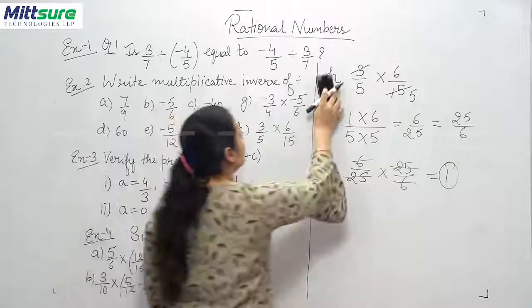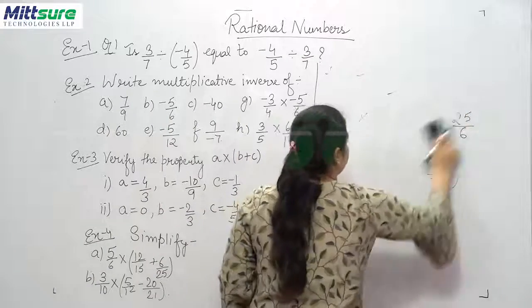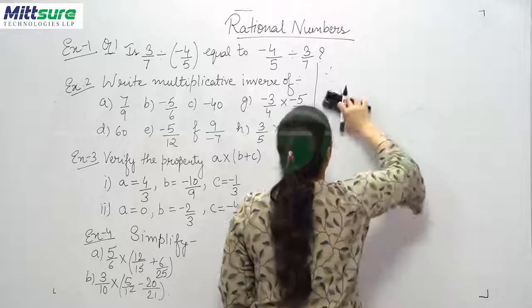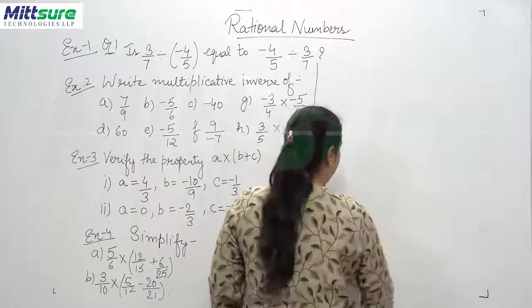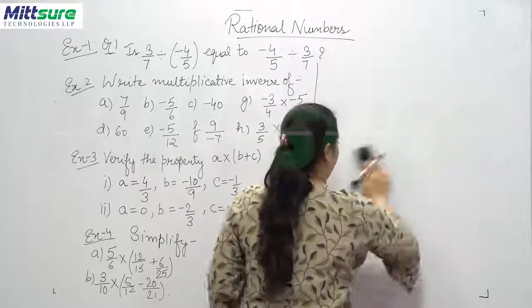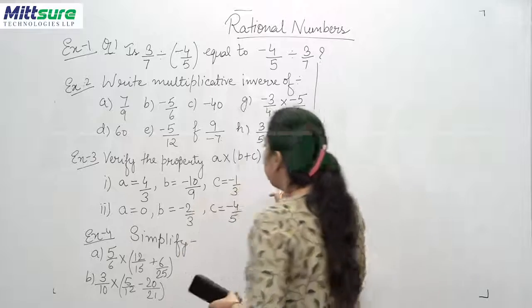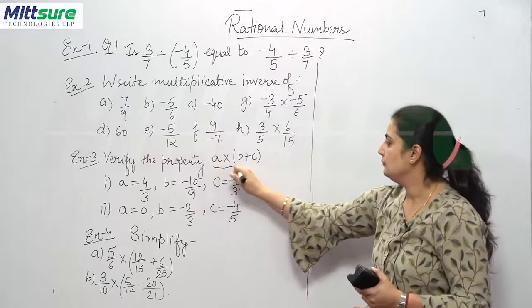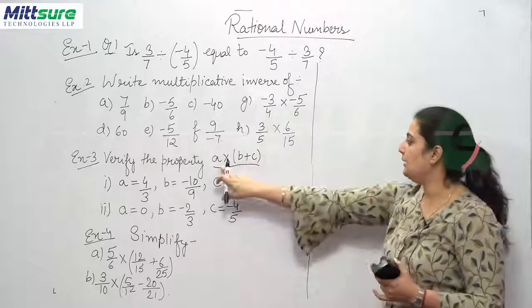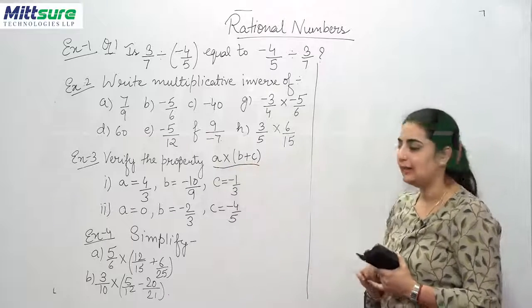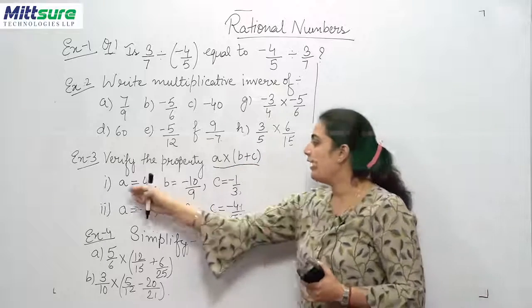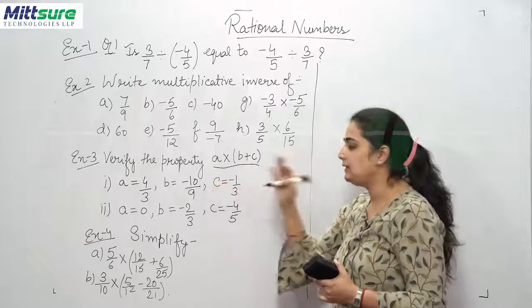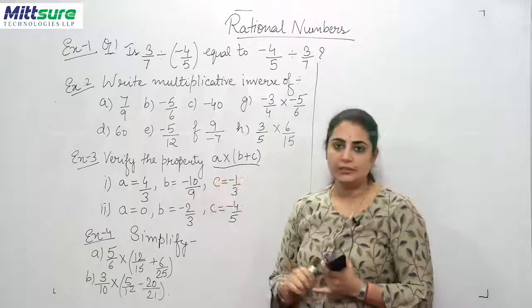Okay, now let's come to the next question. Now, in the next question, what are you supposed to do? There is one condition given to you that A multiplied by B plus C. Clear? Now here, the values of A, B and C are given in rational numbers.